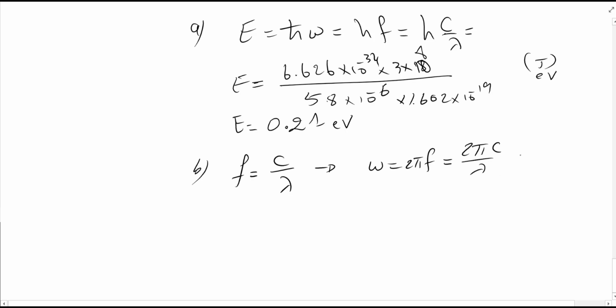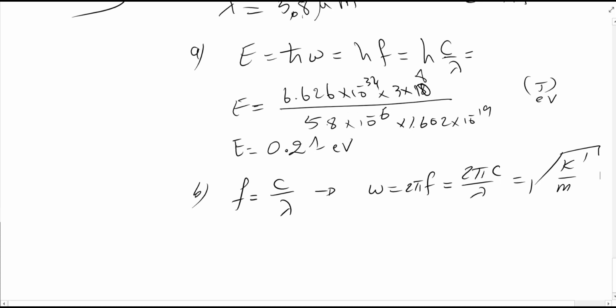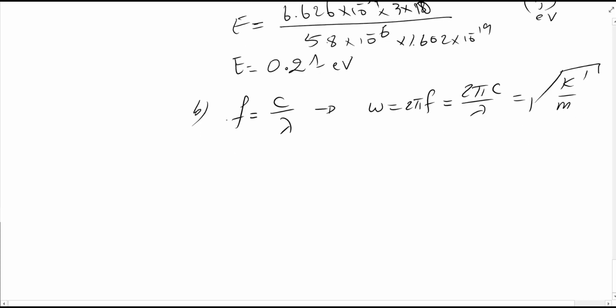Approximating it as a harmonic oscillator, omega is the square root of k prime over m. We use k prime in this class for the spring constant because we have k everywhere for the wavenumber, so we don't want to get confused. So the spring constant k prime equals m times 4 pi squared c squared divided by lambda squared.